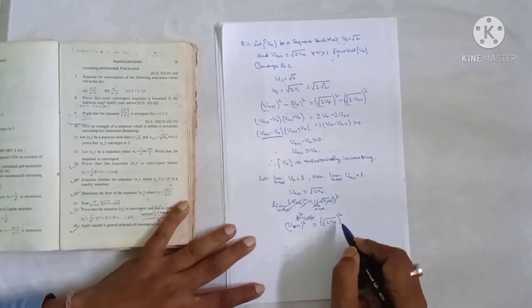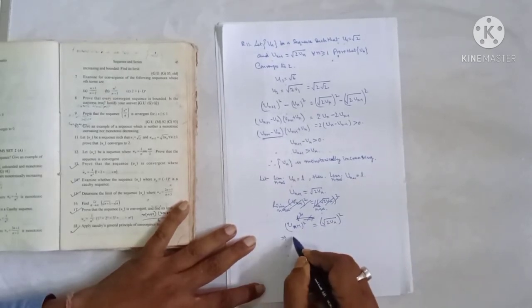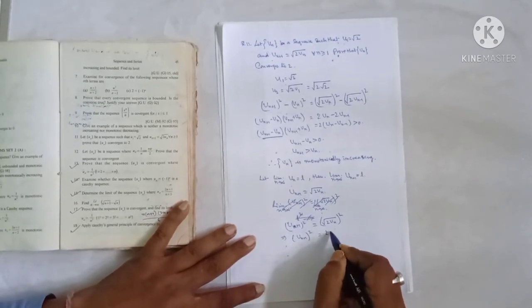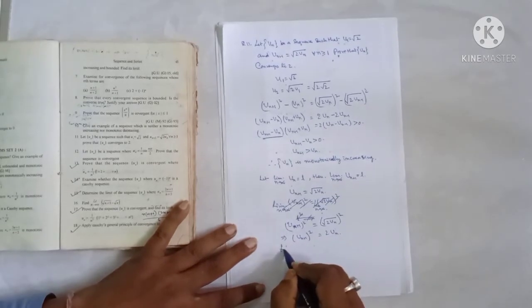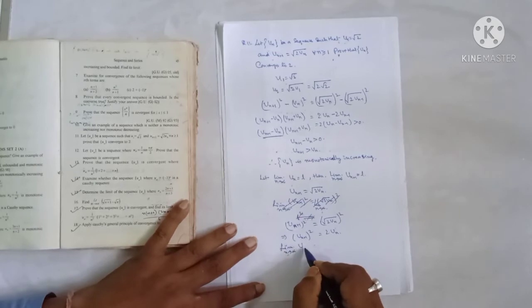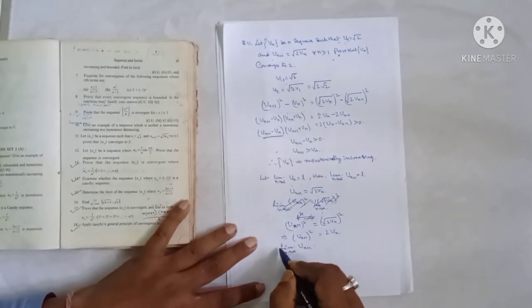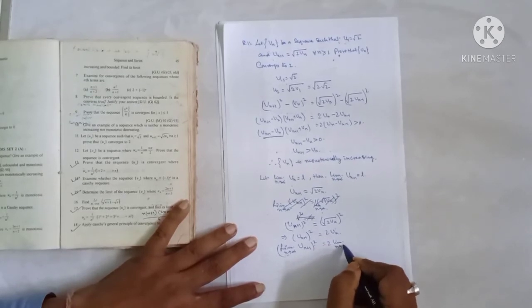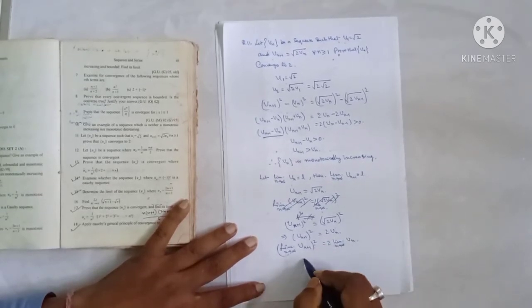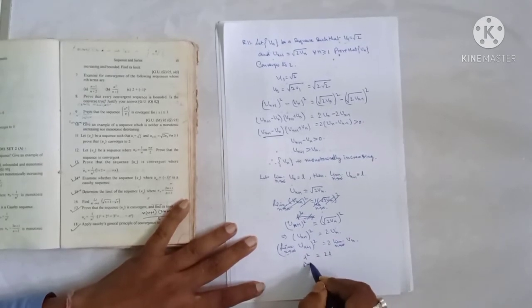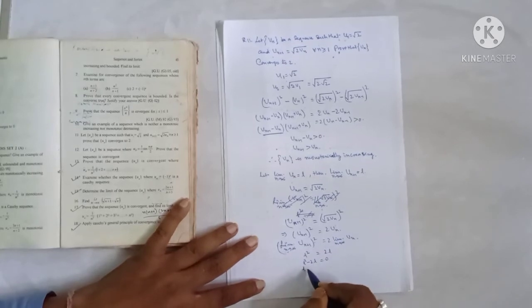So this will be u(n+1) the whole square is equal to 2 un. Now if we take the limit as n tends to infinity, u(n+1) the whole square is equal to 2 times the limit of un. So this will be L square is equal to 2L. So L square minus 2L is equal to 0, so L times L minus 2 is equal to 0.